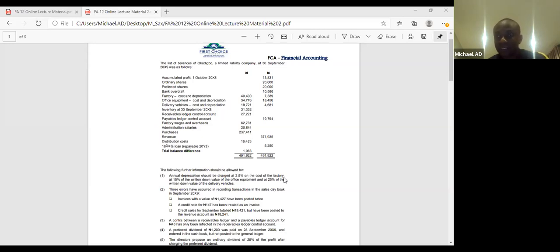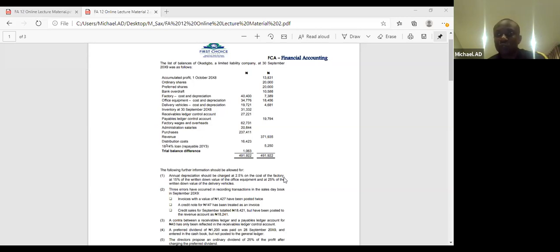There are also trial balance differences, which means the trial balance is not complete. This difference is a result of a suspense account of 1,063 naira that is yet to make the trial balance complete.